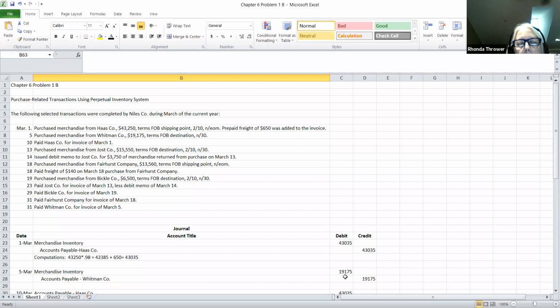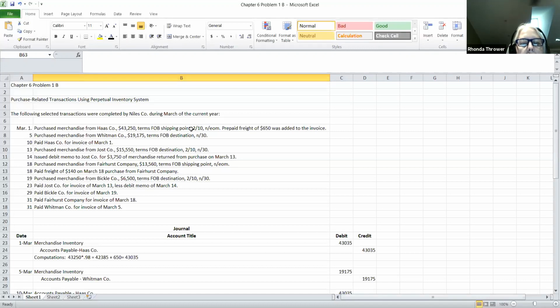So this is the full amount that would be debited to the merchandise inventory account. Merchandise inventory is increased because it is an asset account, and we're going to credit this account to the liability account. On the 10th, we paid the Haas company the invoice of March 1st. Notice that's exactly 10 days later.